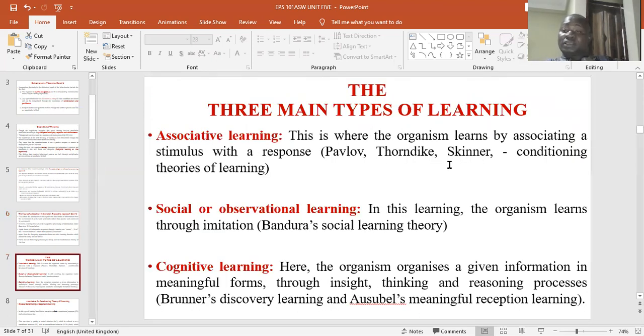Now, among the three bigger pictures that we have given to ourselves or exposed ourselves to, they have been broken down. Under them, we have various theories with different views that they have offered us.